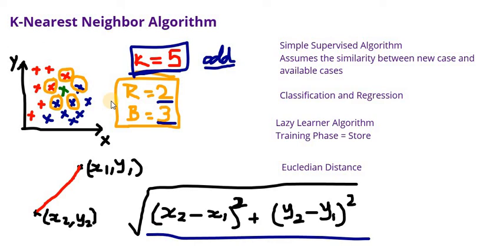But the disadvantage is that identifying the value of k itself is a tough job. And another thing is you need to calculate the distance between all those nodes, so the computation time is high. These are the only 2 disadvantages you could face while using the k nearest neighbor algorithm.